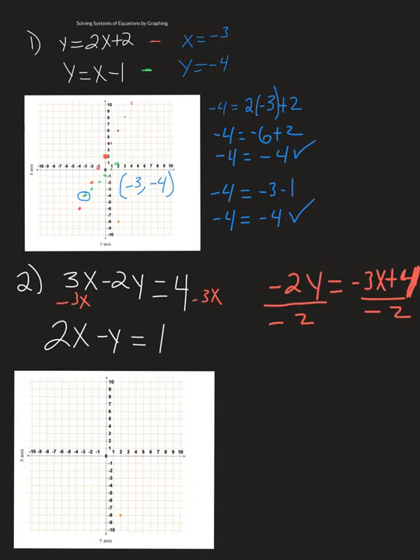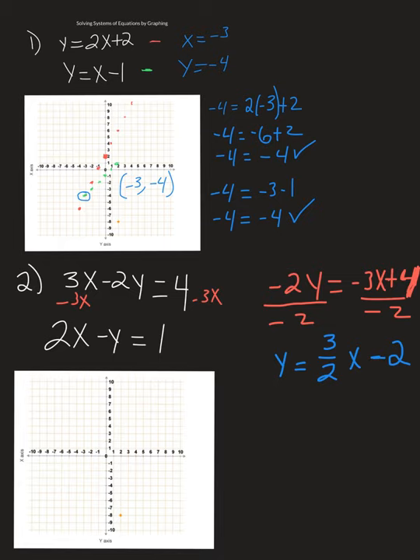When we do that, we are going to get one of our new equations. We're going to get that y equals -3 over -2. We know that a negative over a negative is a positive, so 3 over 2 x plus 2. Oh, but what kind of 2? It's a negative, right? Because 4 divided by -2 is -2.